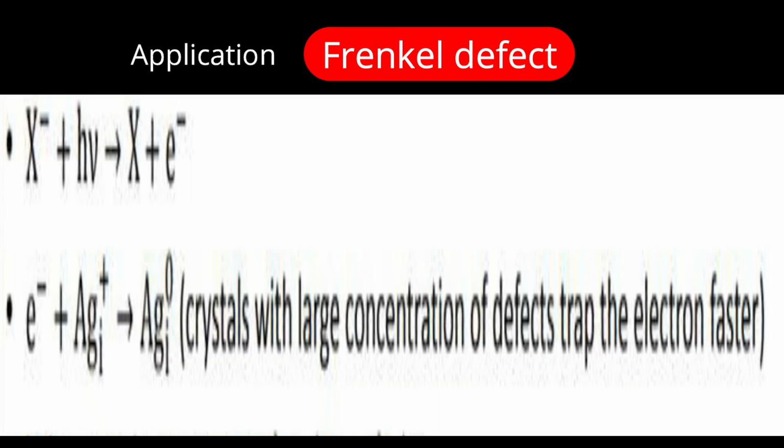Previously, for photography, negative film was used, where a coating of silver bromide, silver iodide, silver salts was of importance. You will understand the role of Frenkel defect here in photography if you know the actual concept of developing the photo. When the coating of silver bromide gets exposed to light, means a flash, suddenly a reduction reaction occurs, means Ag plus gets converted to Ag, and that Ag gets deposited on the film.